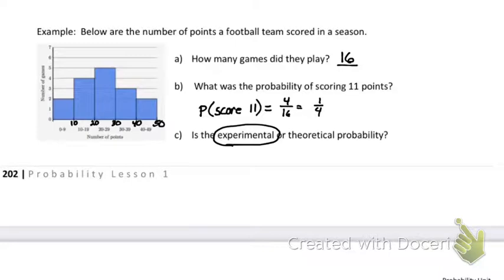Like say they score 45 points, that will change my data, my experimental will change. Theoretical will not change just by playing games. Theoretical could change if I change components of it. Like if I roll a 6-sided die and then I roll a 12-sided die, but that's a new set of circumstances. All right, so that is definitely experimental.